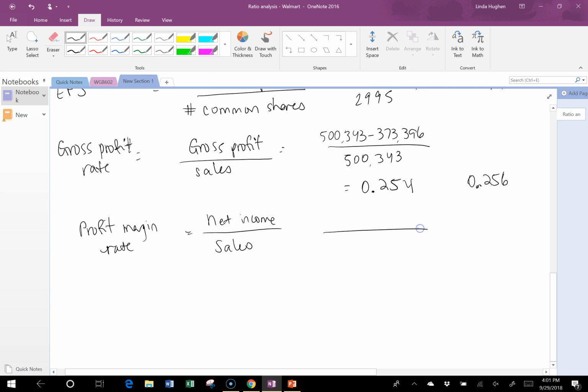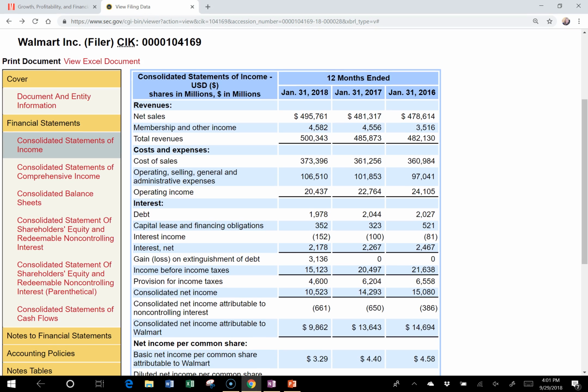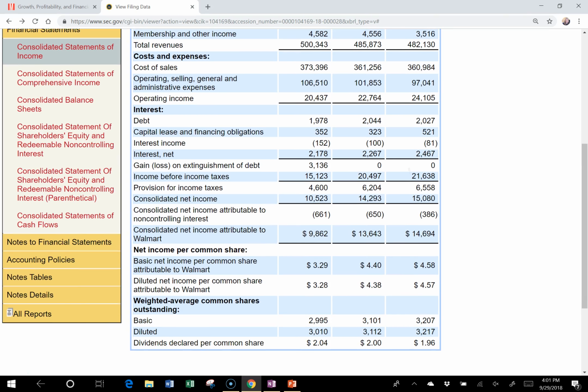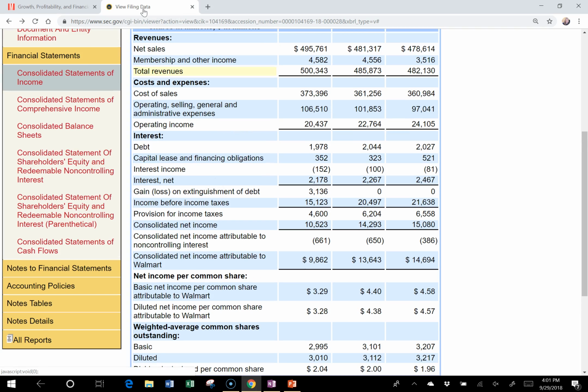We could use either the combined Walmart plus the non-controlling interests, or we can simply use the net income. Because the sales number includes 100% of a non-wholly owned subsidiary's sales, let's use the consolidated net income that we see here, not just the Walmart portion.